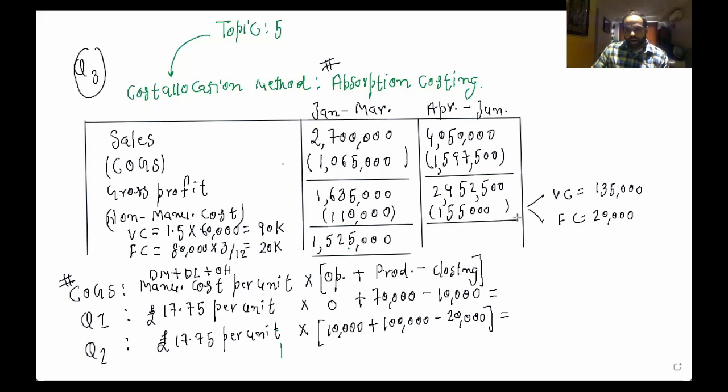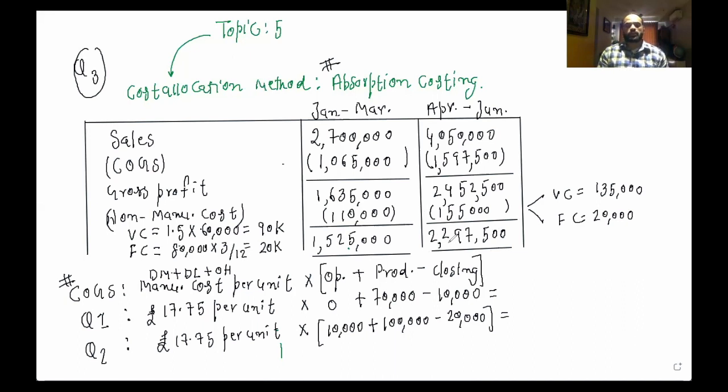So how much is profit for second quarter? $2,297,500. All right, 2,297,500.